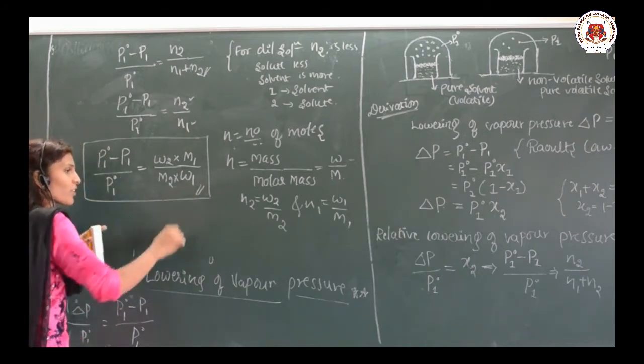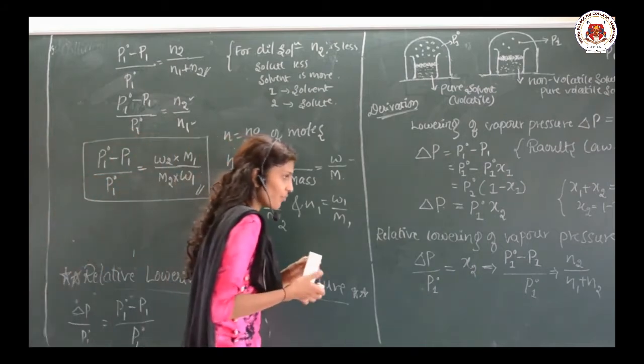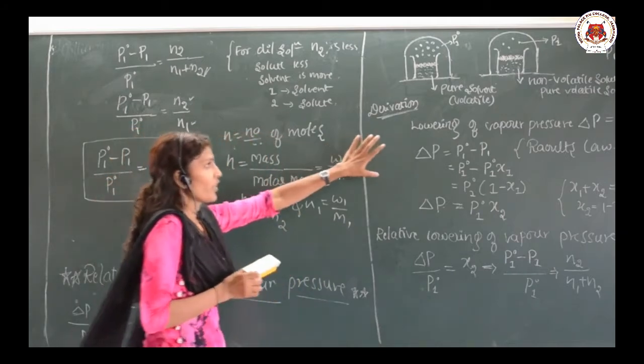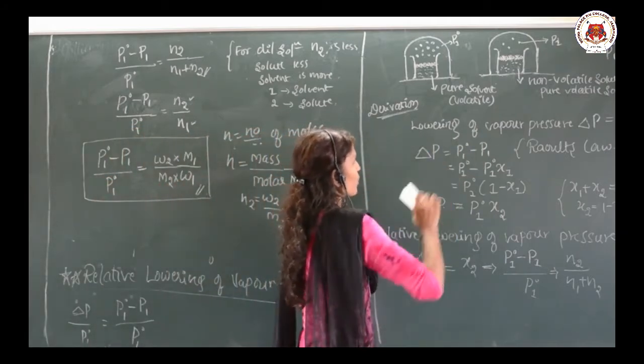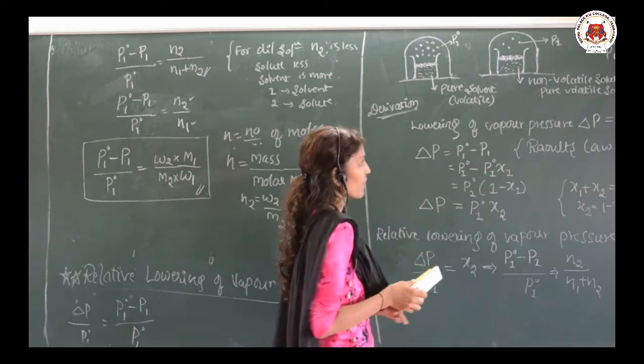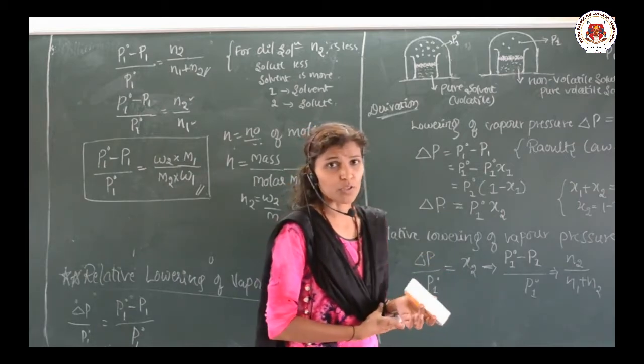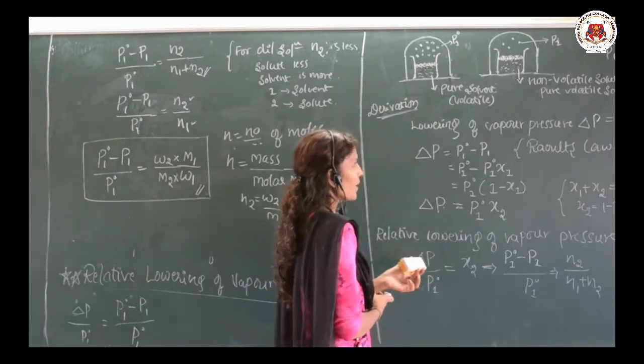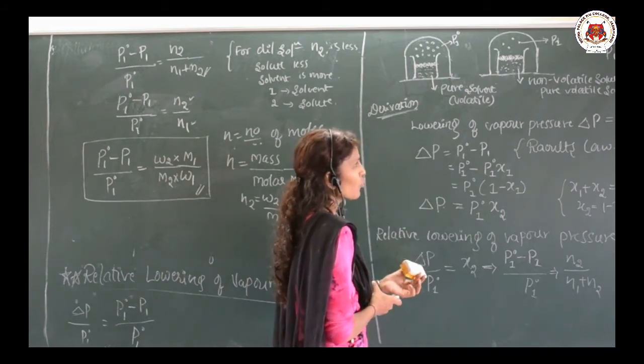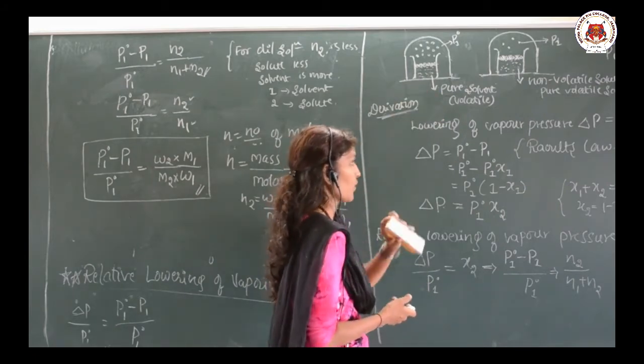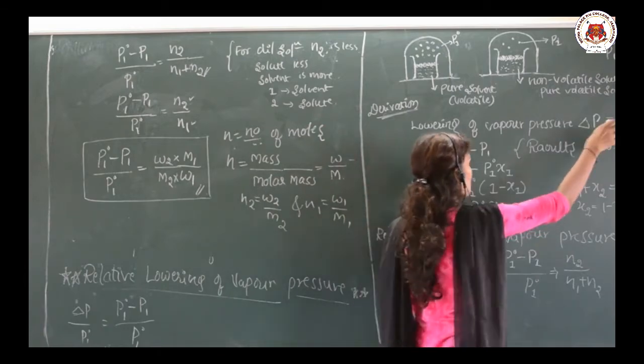Okay. So once again, the derivation part. Lowering of the vapor pressure is indicated by delta P. Delta P is equal to P1 naught minus P1.